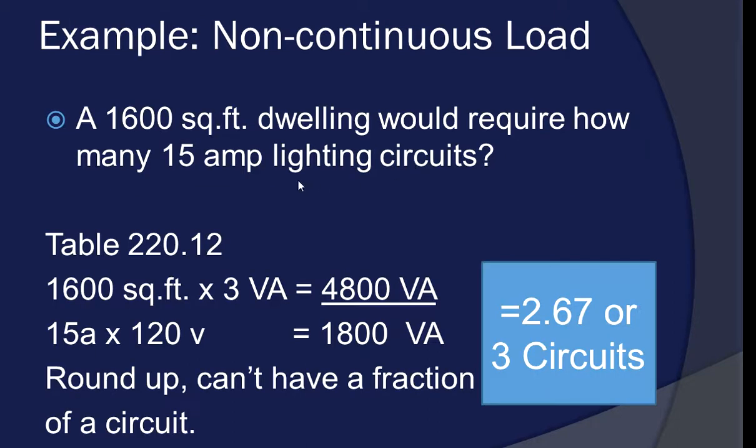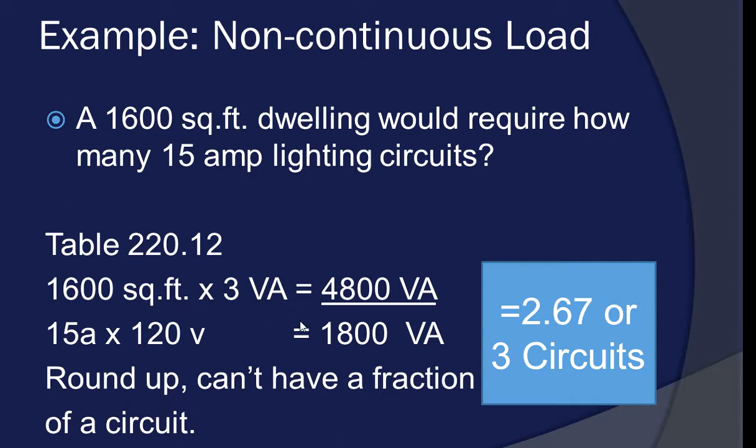For a non-continuous load, a 1,600 square foot dwelling would require how many 15 amp lighting circuits? We go to table 220.12. We notice that there are 3 watts per square foot for a dwelling, and we have 1,600 square feet. We multiply the two, and we get 4,800 watts.